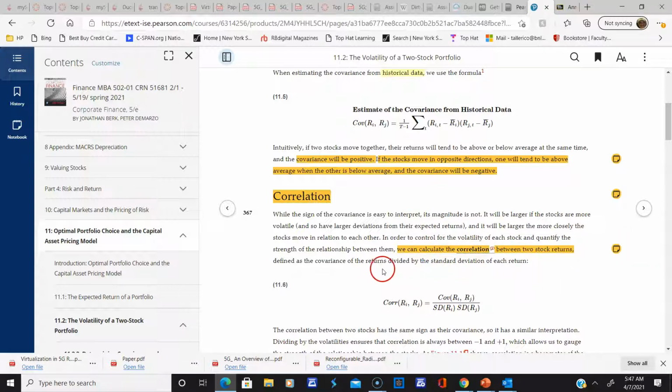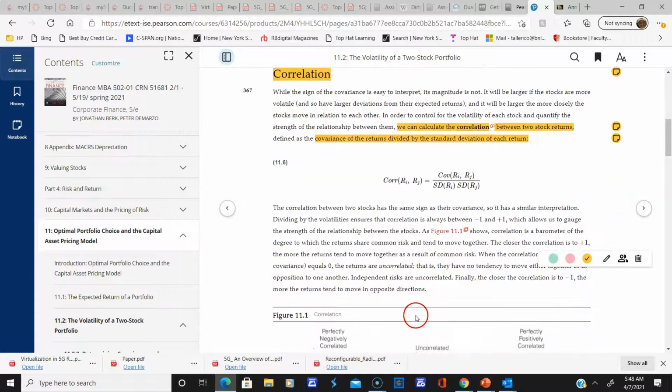It is defined as the covariance of the returns divided by the standard deviation of each return. So you can clearly see we have correlation, covariance, and the standard deviation, not just the standard deviation alone.